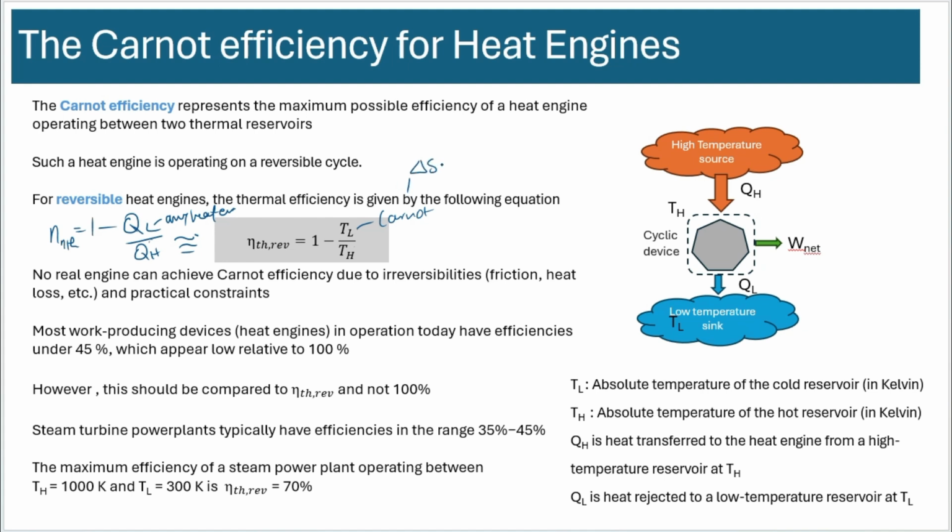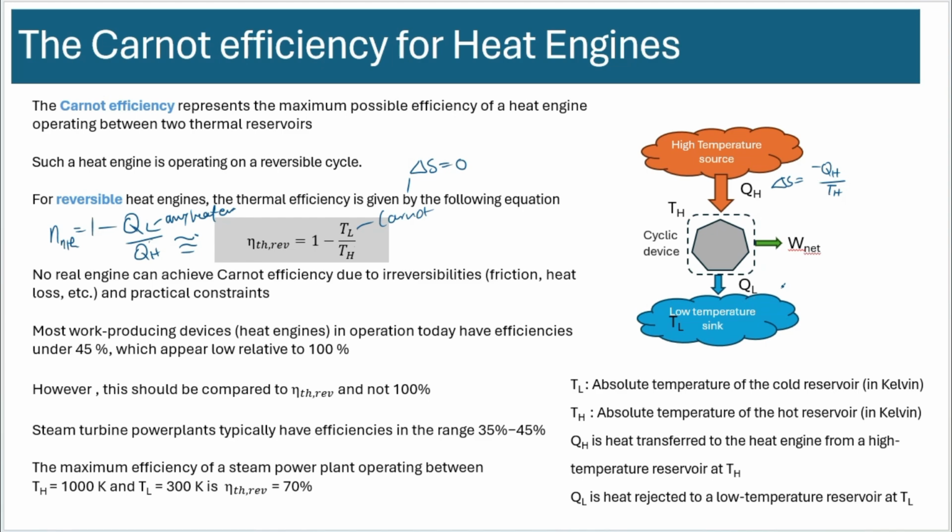So for the process, you could say delta S equals 0. Let's try to derive this. The delta S at the high temperature source: you're losing heat, so it's minus QH, at temperature TH. So delta S1 is minus QH by TH.